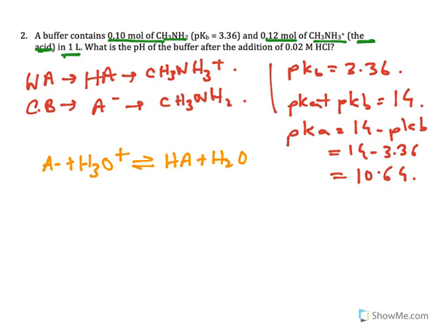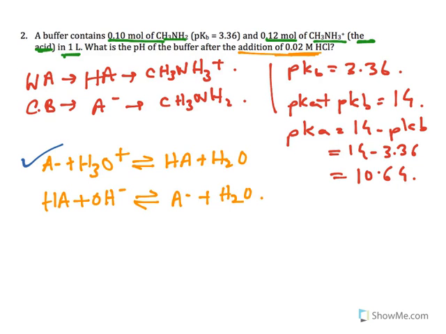And when a base is added to the buffer, we use the equation HA plus OH minus, which gives A minus and H2O. Now, in this question, we're adding 0.02 molar HCl, which is a strong acid. We are going to use this reaction.